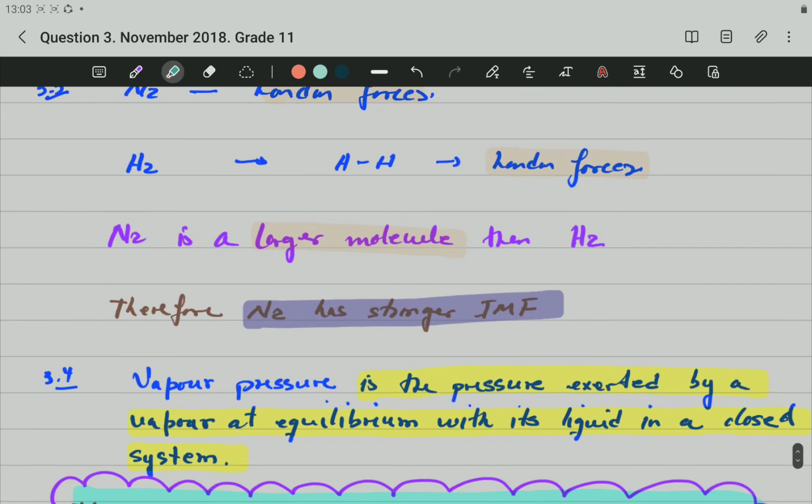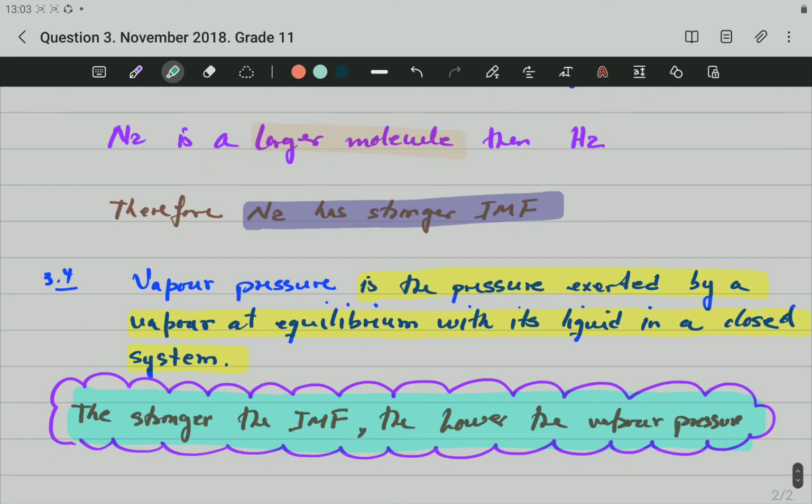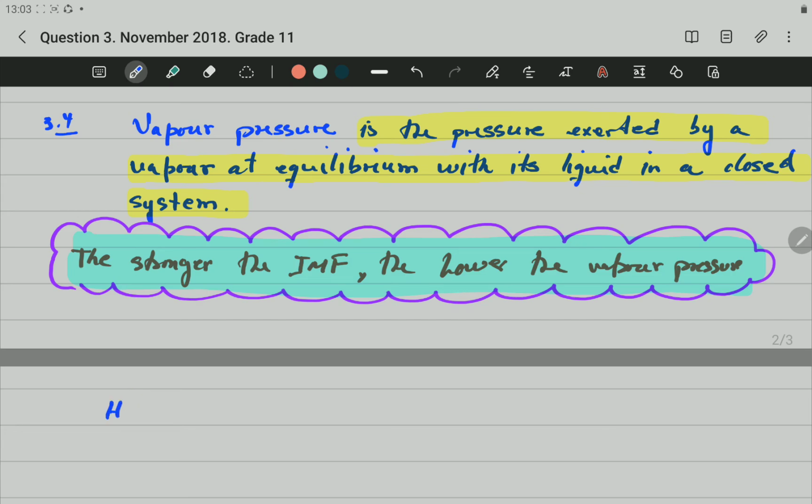The answer is once more hydrogen, and we have to explain why hydrogen has the highest vapor pressure. What you have to say here is that it has the weakest intermolecular forces, so it has the lower boiling point. And that's all you have to say in this question.